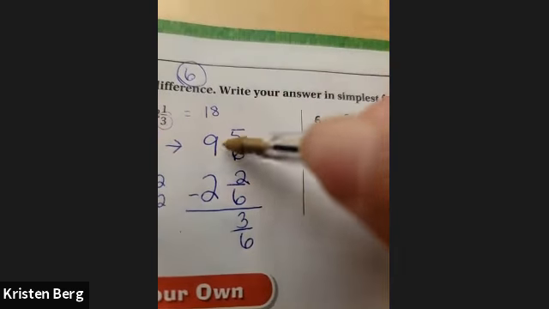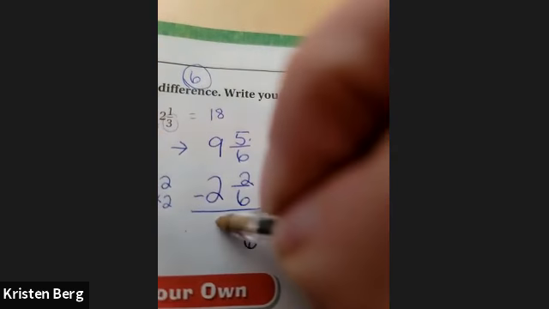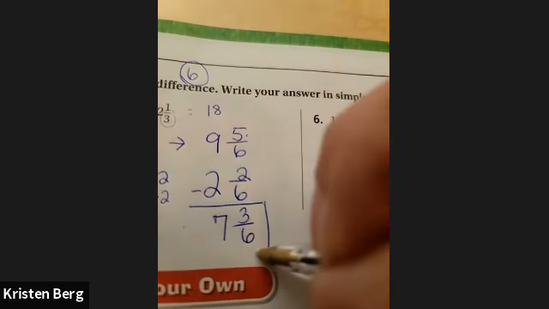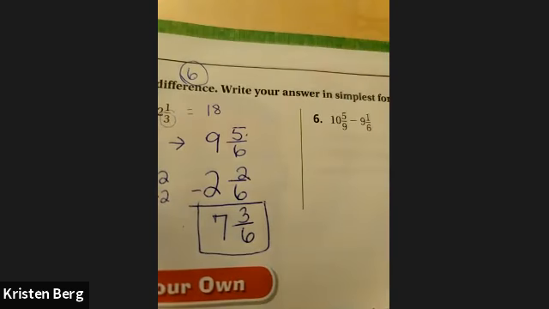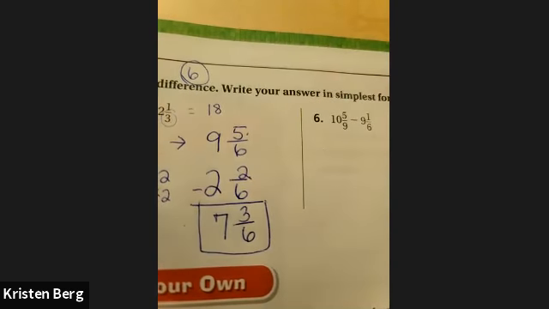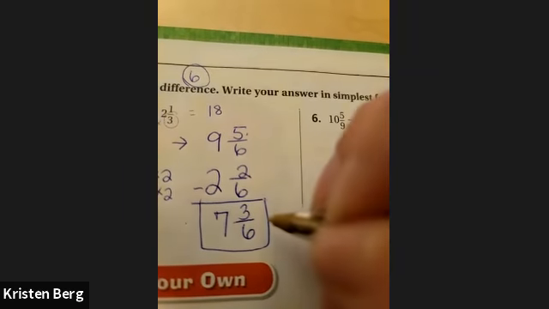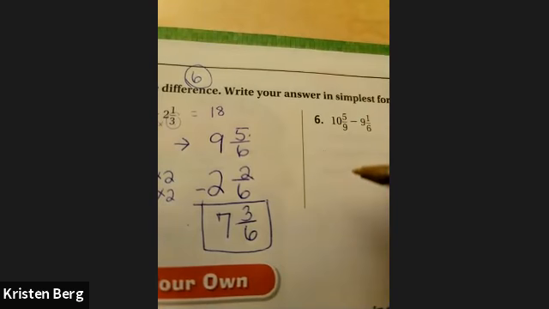And then this is 9 minus 2 is 7. So this is most certainly good enough for an answer. Some people may choose to reduce if they would like, if they see it. In order to reduce, again, I will show you.